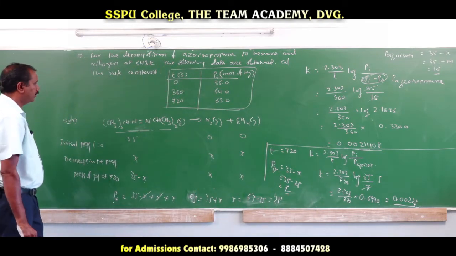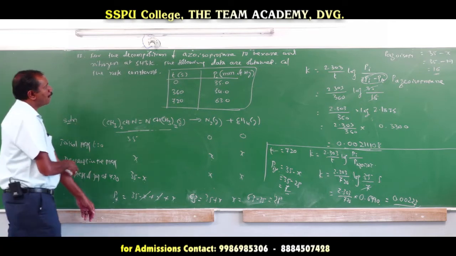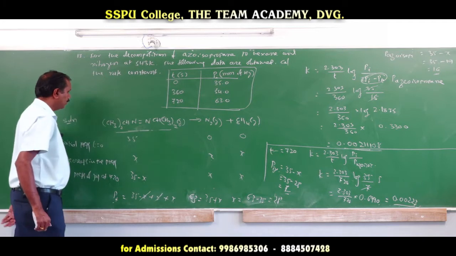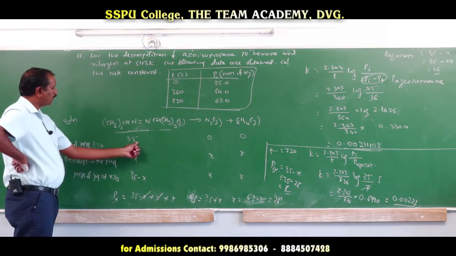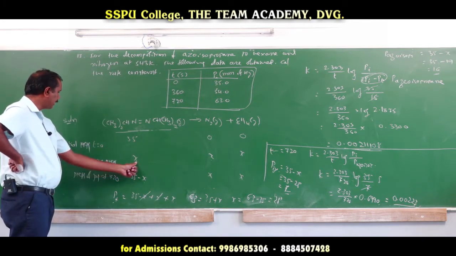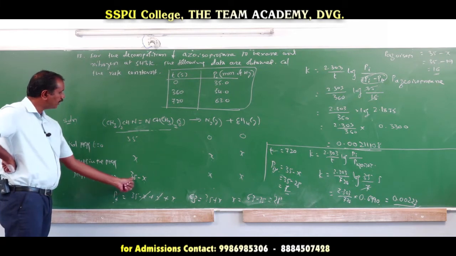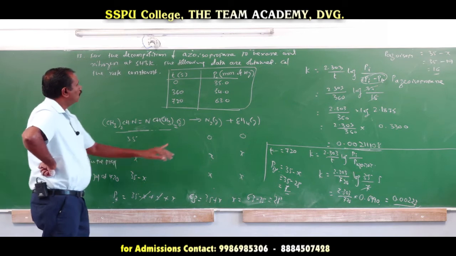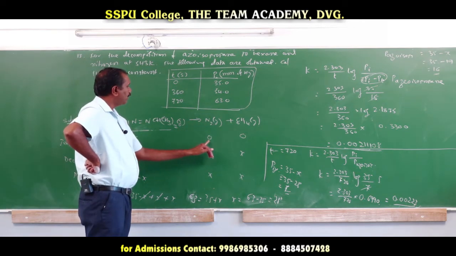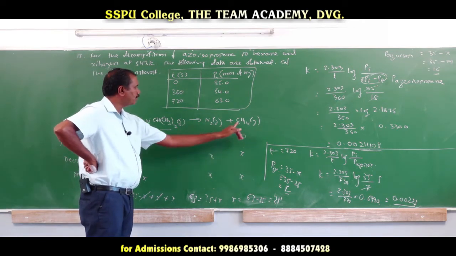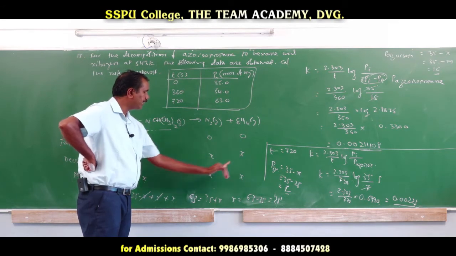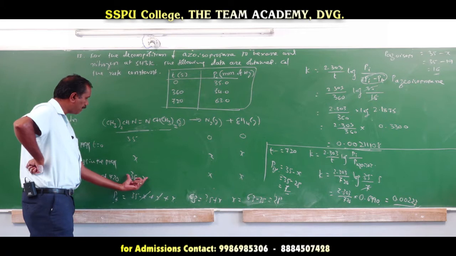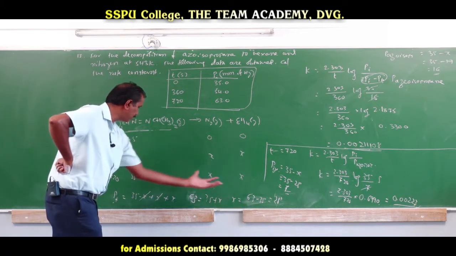Okay. So how to find out the K value when time is 720? Initially the pressure is 35, reacted is X, left behind at 720 it becomes 35 minus X. Here X pressure of N2 is formed, X pressure of the other product is formed. PT can be calculated by the partial pressures of these.